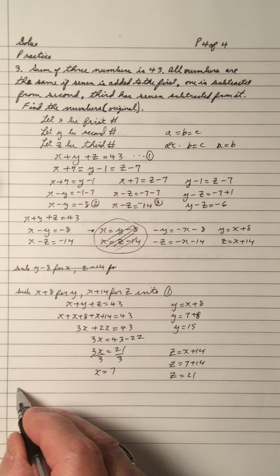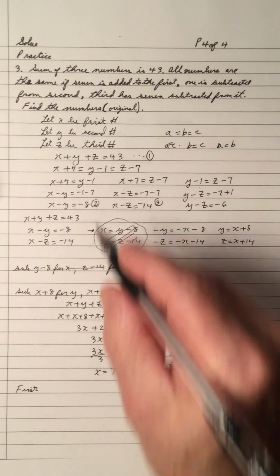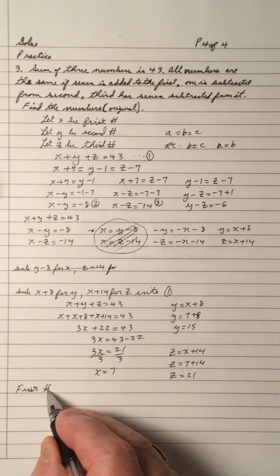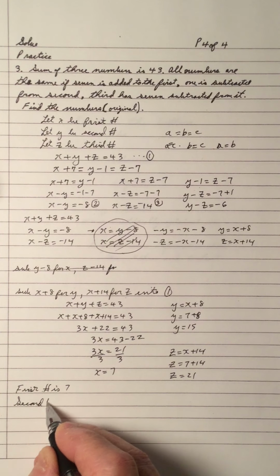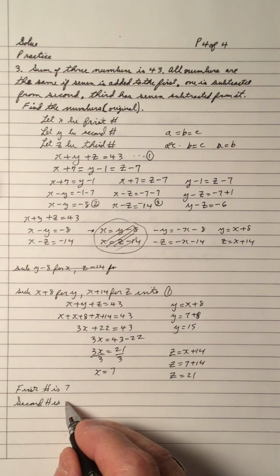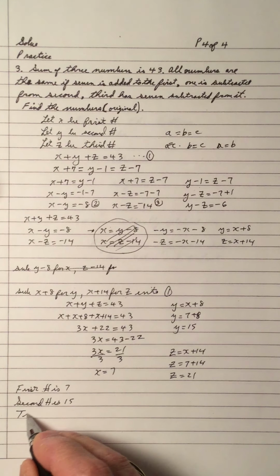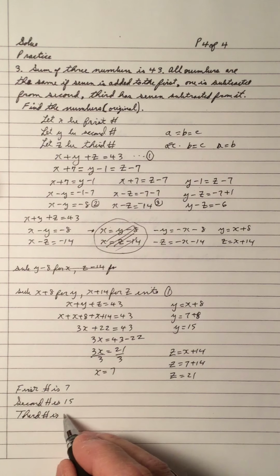So the first number is x, so the first number is 7. The second number is y, and y is 15. And the third number is z, 21.